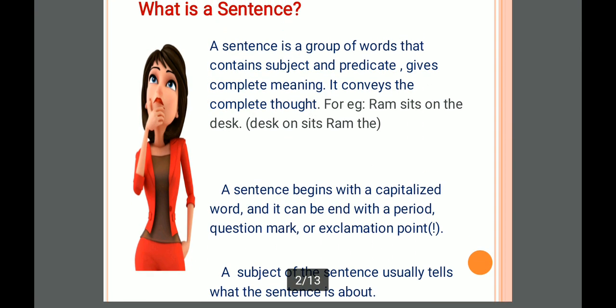A sentence has subject and predicate. Subject and predicate are the parts of a sentence. A subject is a doer of action. A subject of the sentence usually tells about what the sentence is about.